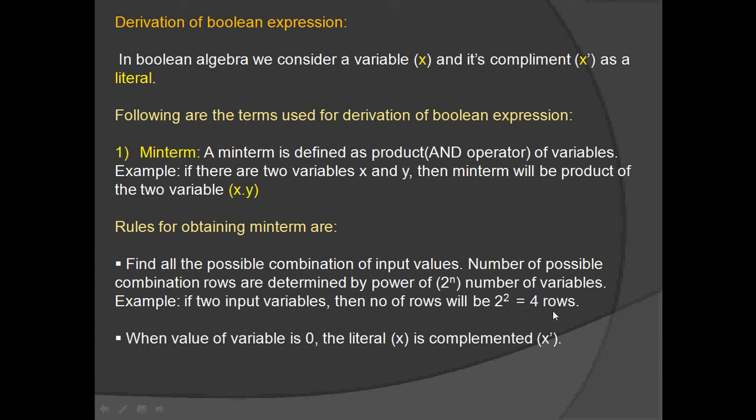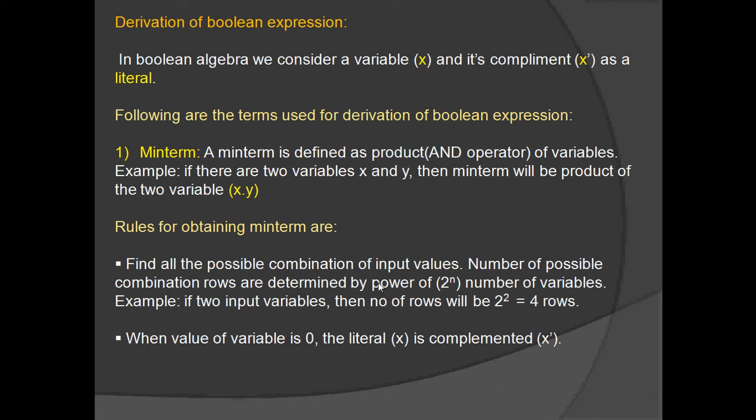We've already seen this in the first video, so I'm just repeating it for your understanding. If we have 3 input variables, then 2 to the power 3 will be 8 rows of possible combinations with binary bits, that is 0 and 1.